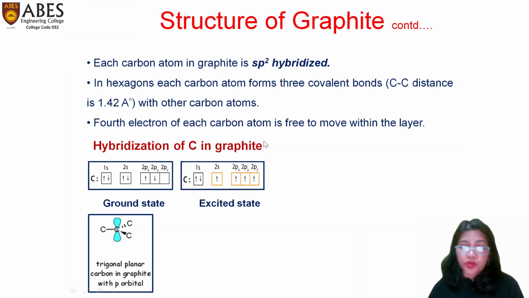When this carbon atom is brought to the excited state, one of the electrons from the 2s orbital jumps into the p orbital, and now due to the hybridization, sp2 hybridization is formed, and the carbon atom has a trigonal planar structure in the graphite, while one of the p orbitals has a single electron, and this single electron is responsible for the electrical conductivity of the graphite. Again, the carbon-carbon bond length formed is 1.42 angstrom.